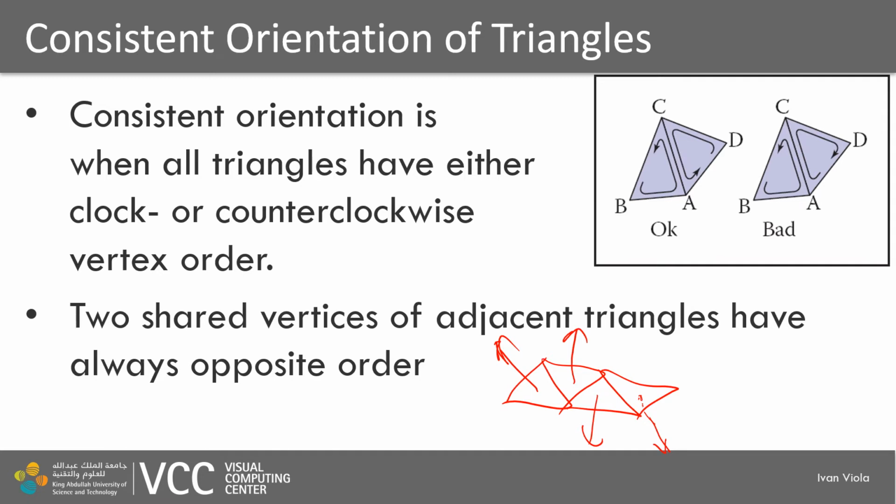So for orienting the triangles, we define an order of the vertices which form the triangle. If we look at the image on your right hand side, there we have two triangles connected together. We can call one triangle CBA, and the other triangle ADC.